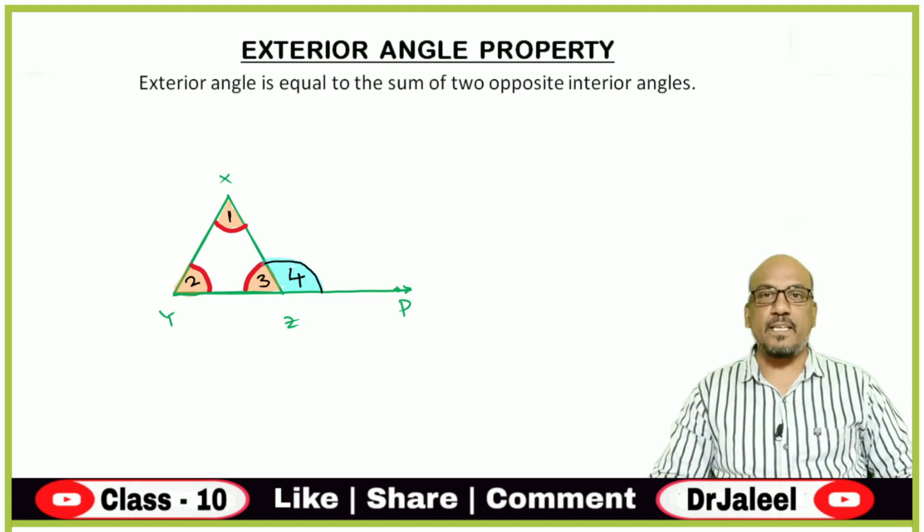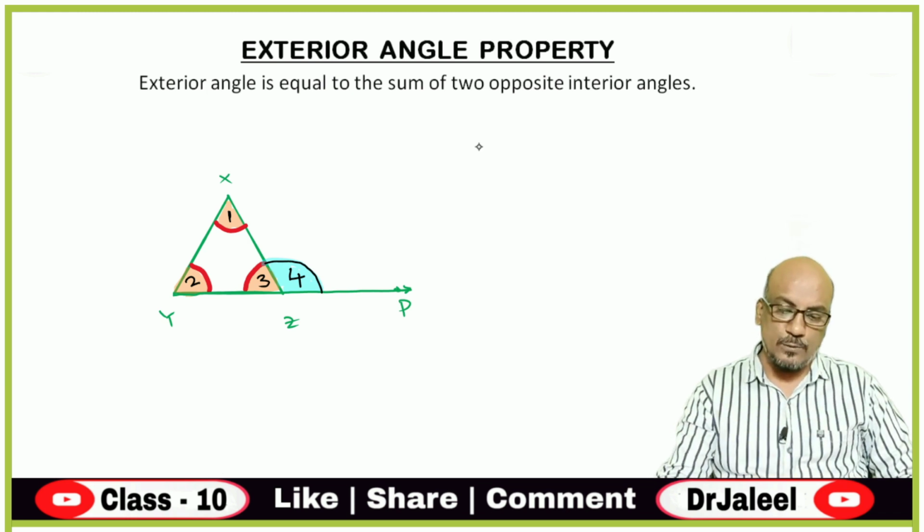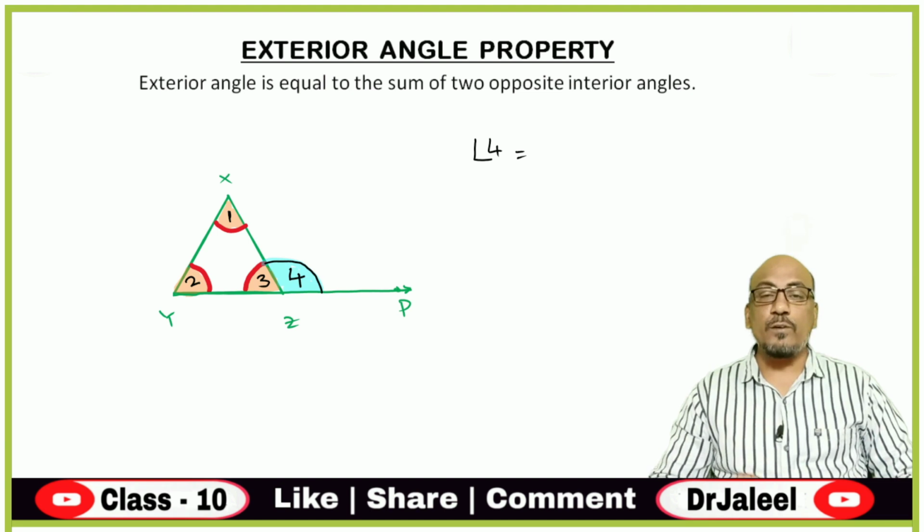So this property is saying to you that exterior angle, mean angle 4, is equal to the sum of 2 interior angles, but there are 3. 2 interior angles and they are opposite.